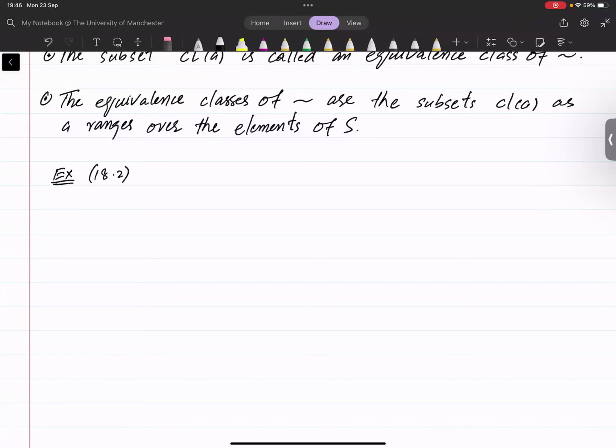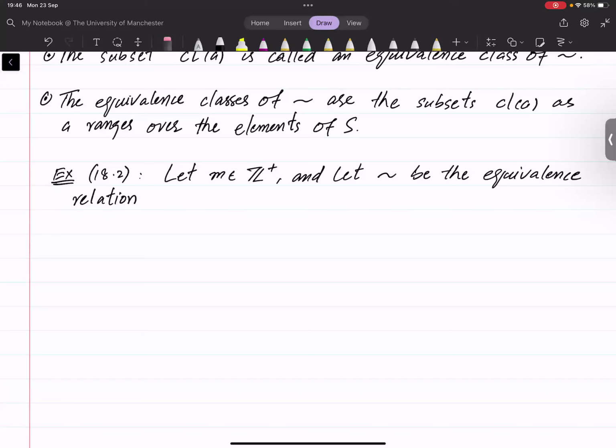Name it 18.2. We say that let m be a positive integer, and let this be the equivalence relation on the integers: a is related to b if and only if a is congruent to b mod m.